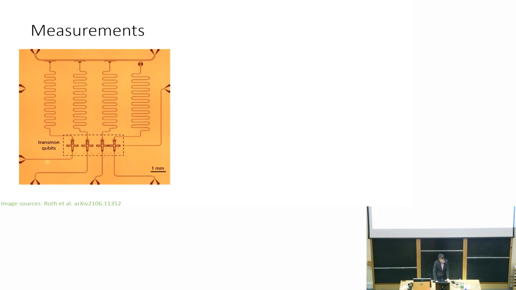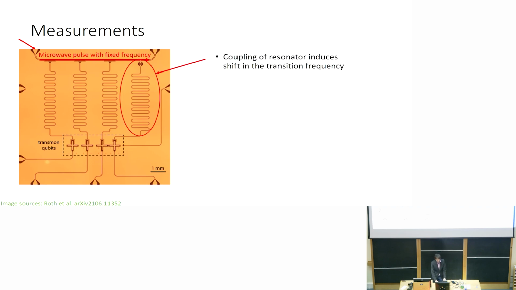Finally, we have to consider measurements. For this, you have this other resonator, also coupled via a cavity to this transmon qubit, and the concept is also quite similar. Because of this coupling, the states of the transmon qubit are no longer completely separable from the microwave pulse.